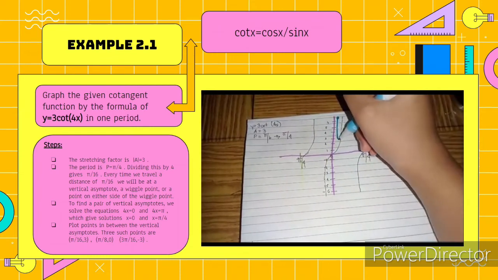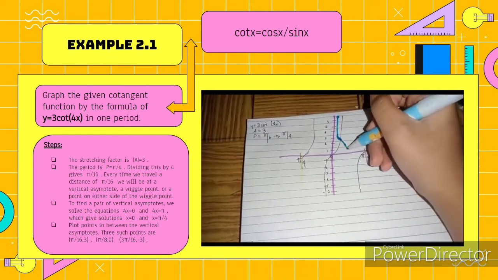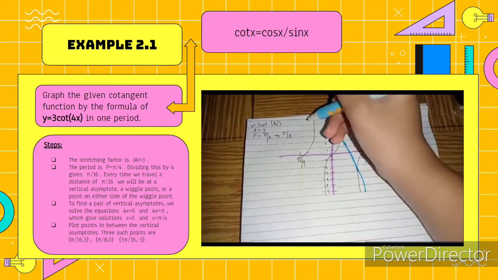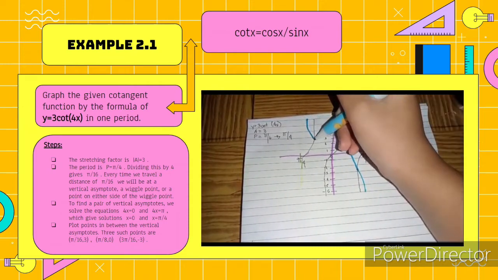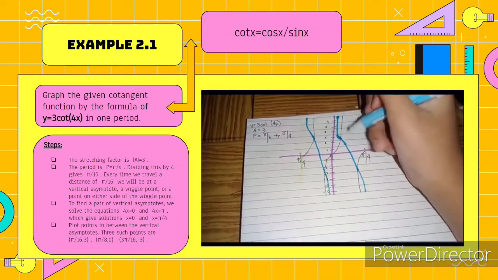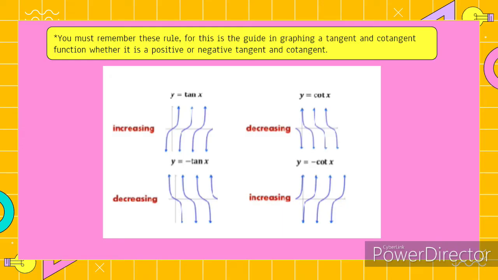Now I will be sketching our cotangent graph. So this is how our graph looks like. You must remember this rule, for this is the guide in graphing tangent and cotangent functions, whether it is positive or negative tangent and cotangent.